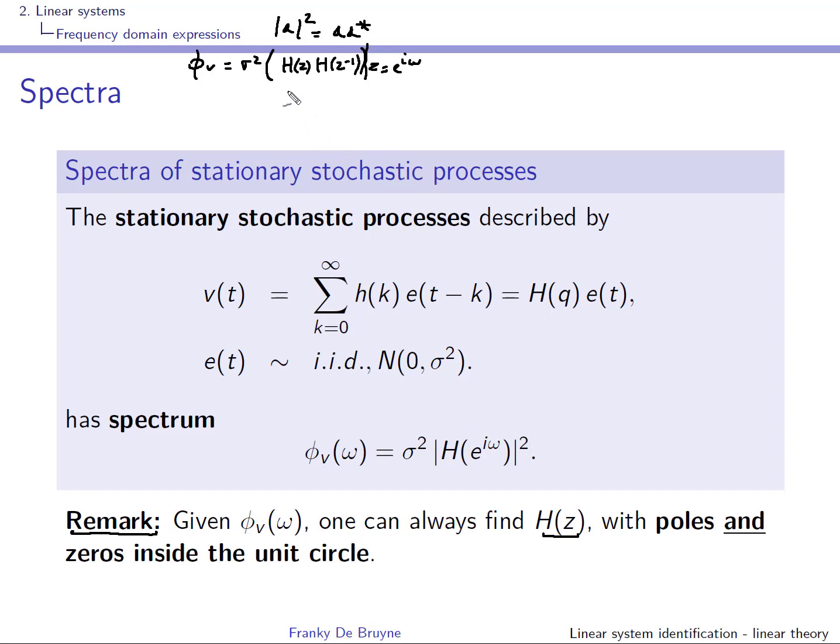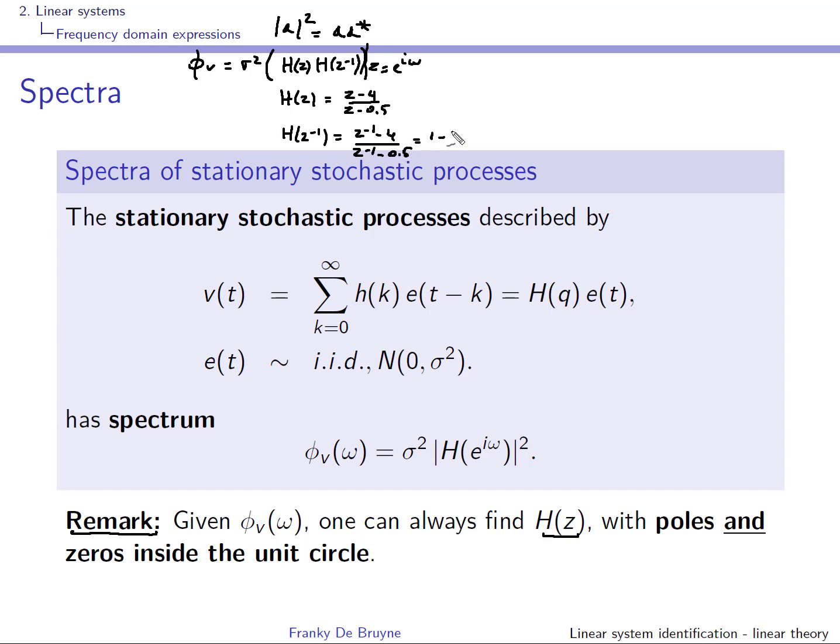Let us take an example. If we, for instance, take an H of z where the zero is outside the unit circle, so it's at 4, so it's clearly outside, and we keep the pole inside the unit circle, then to compute the spectrum, we'll have to consider H of z minus 1, so z minus 1 minus 4, and z minus 1 minus 0.5.